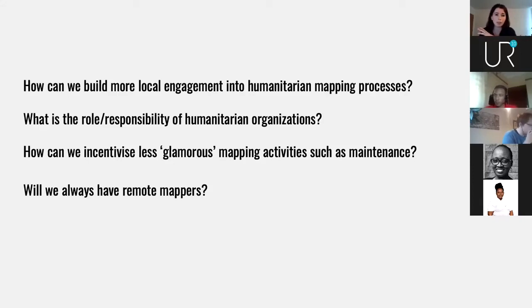In the humanitarian cases that I was looking at, I found that most of the contributions were tagged with a given type of satellite imagery, suggesting that most of that data was produced remotely. But I think overall this is a really interesting dynamic to look into, and one that I wasn't able to do as much as I would have hoped. So Geoffrey, I'm not sure if you have any.